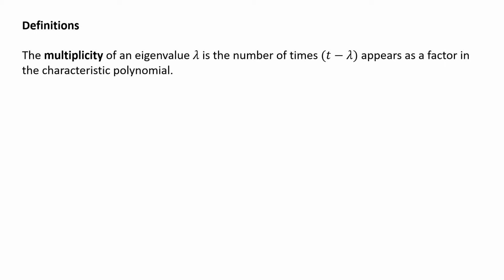But in any case, you can figure out what the eigenvalues are. If an eigenvalue is repeated, then we say that it has a multiplicity. So the multiplicity of an eigenvalue is the number of times the term appears as a factor in the characteristic polynomial.